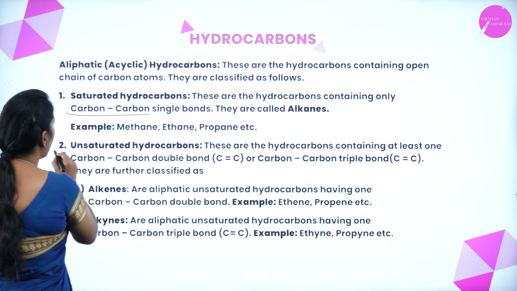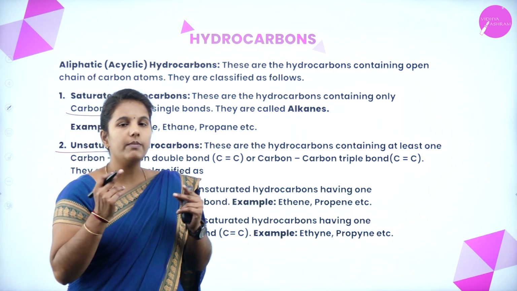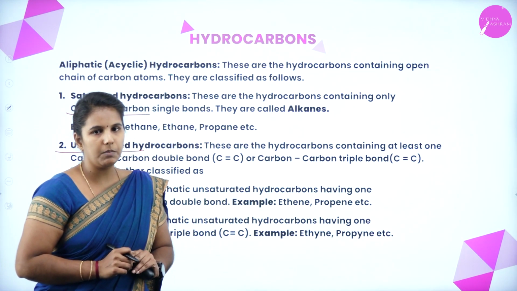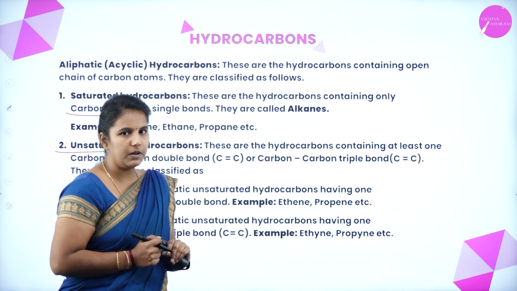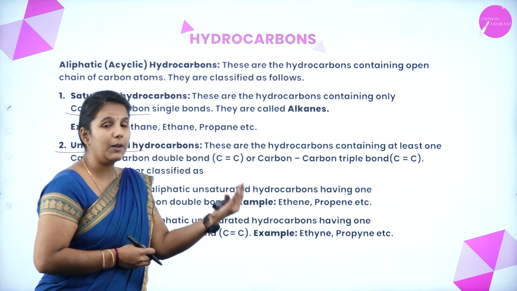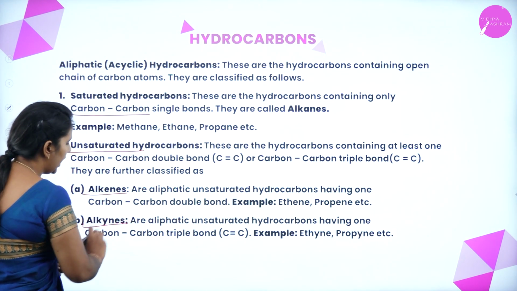When it comes to the unsaturated hydrocarbon, already I explained that there will be the formation of a double bond, or it may be a triple bond also. If it is a double bond, then we say it is alkene. If it is a triple bond, then we say it is alkyne. So it is alkene and alkyne.